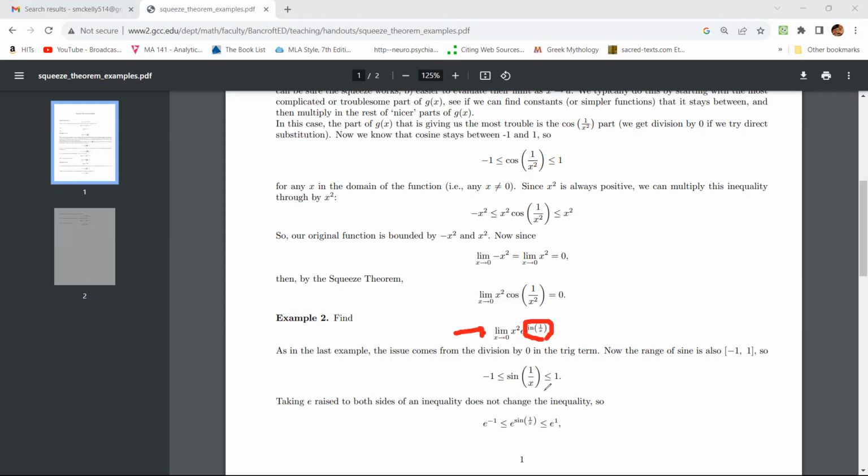Then what you do is you raise e to both sides, and you can continue from there. That handout will give you some insight into how using the theorem will actually help you find limits.